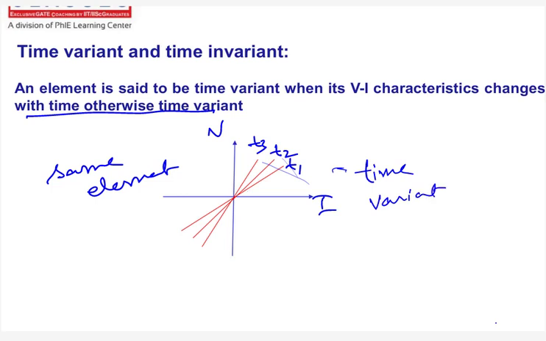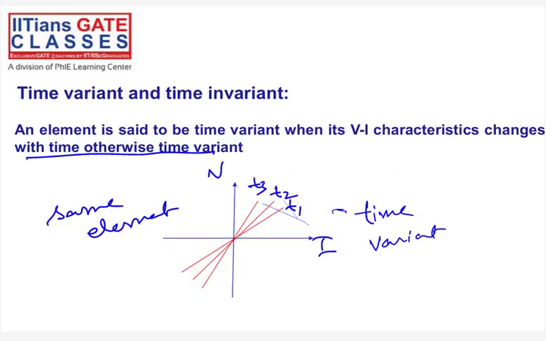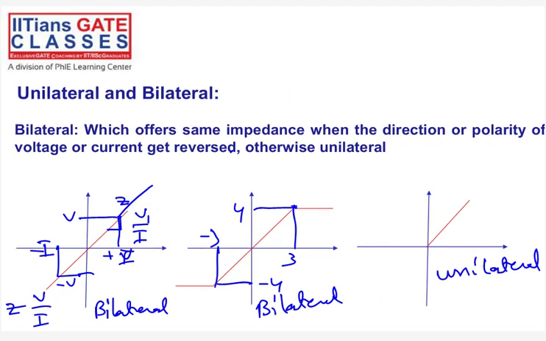Next, find the nature of the following elements. If you can see in the first one, directly it's a linear element and a bilateral element. When you say it's a linear element, it's directly bilateral, because as I told you, every linear element is a bilateral element, but the converse need not be true.